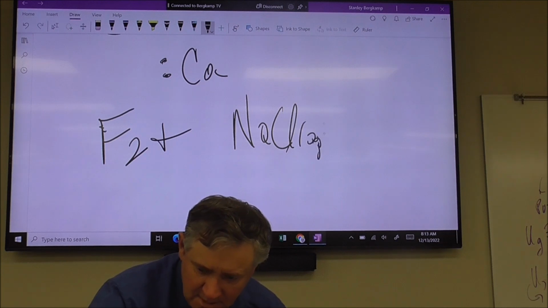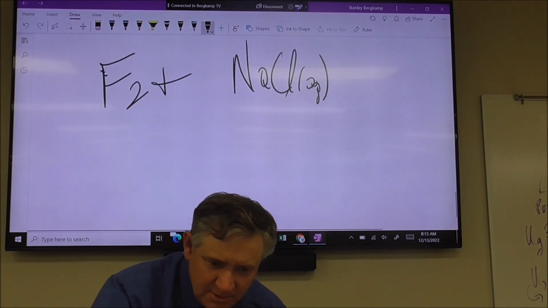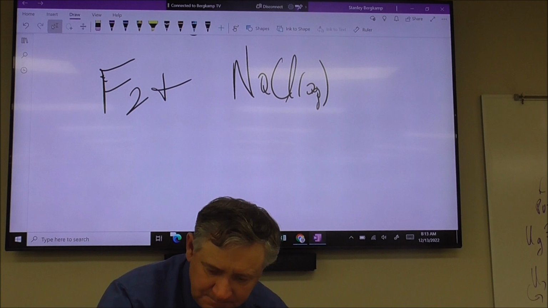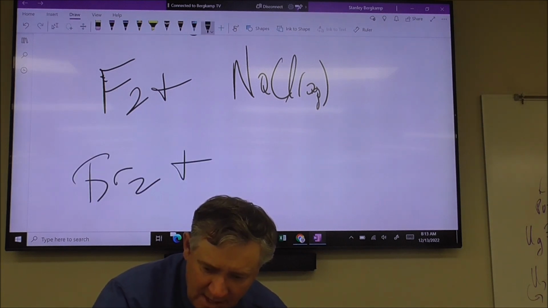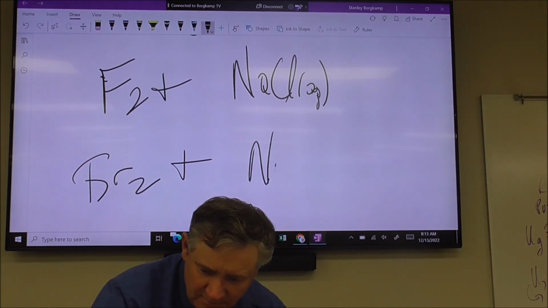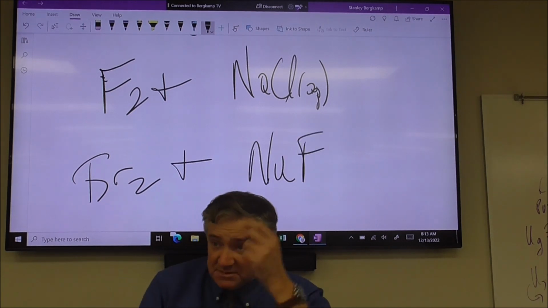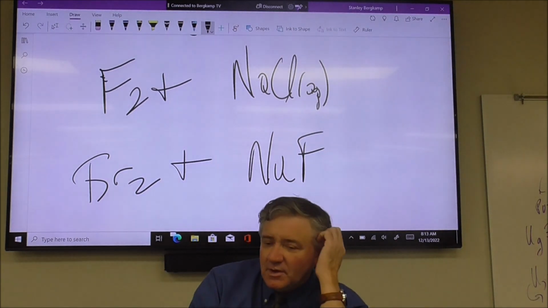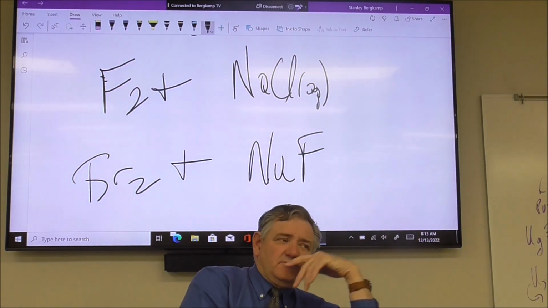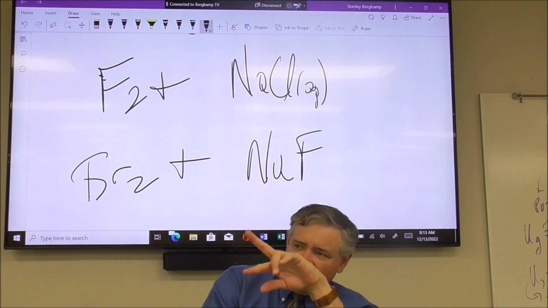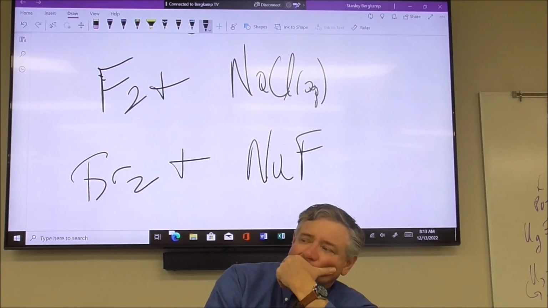Situation number 2, you're going to take bromine and you're going to put that into sodium fluoride. Both of them are single displacement reactions. One reaction will take place, the other one won't. Which reaction will take place and which one won't?